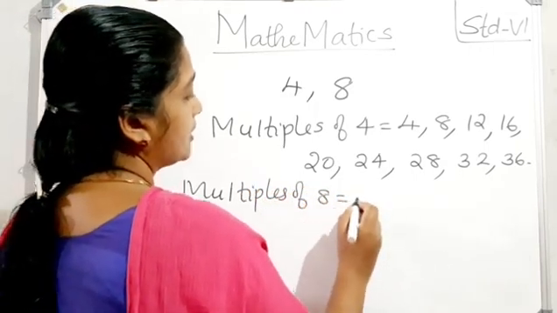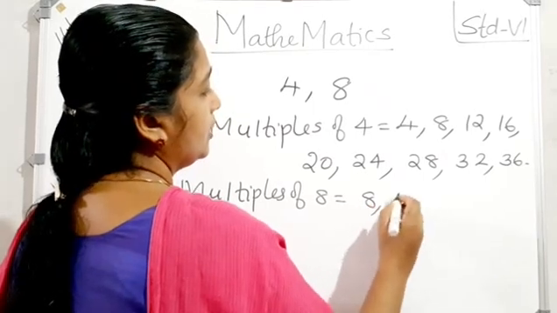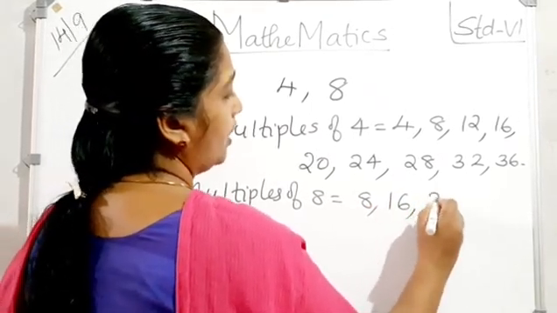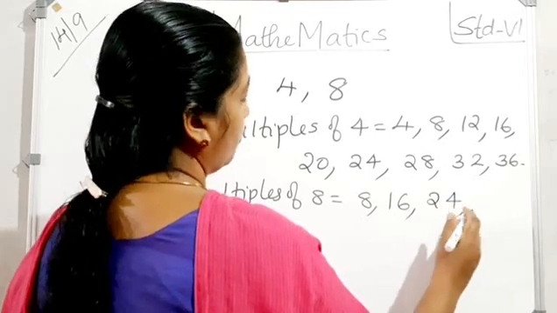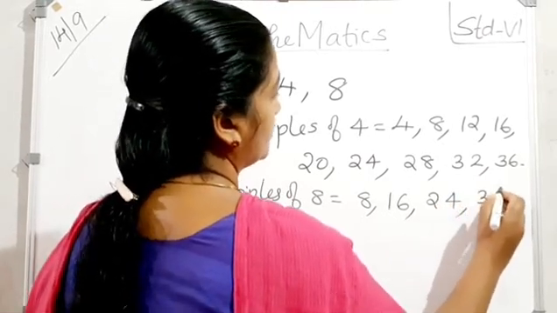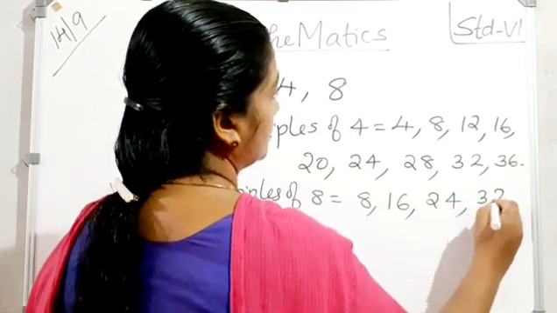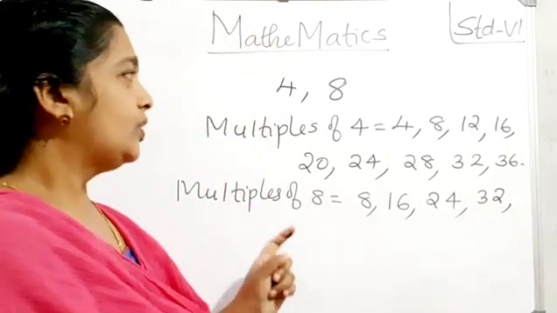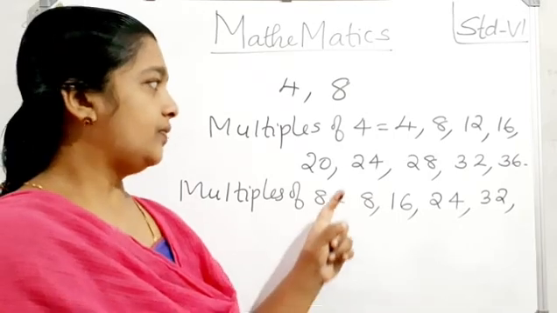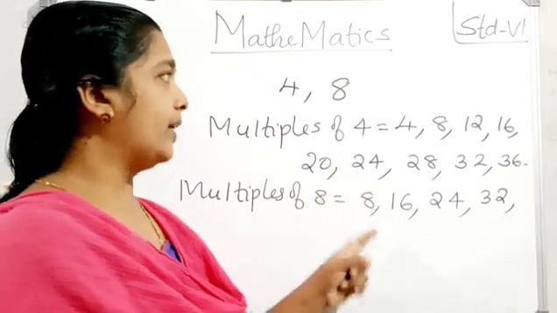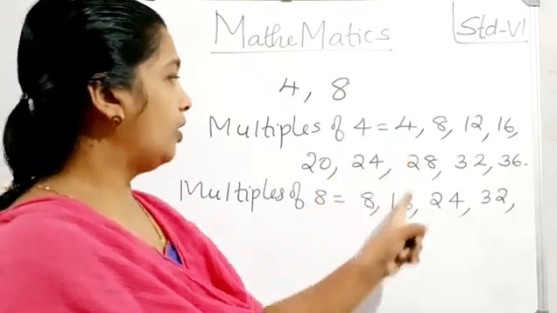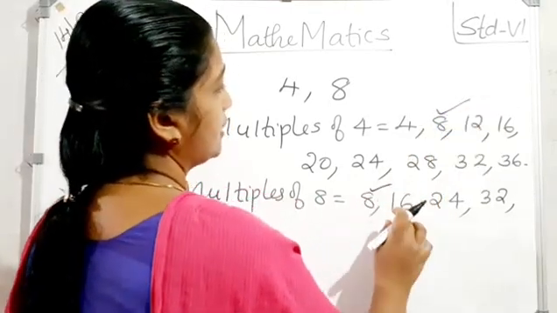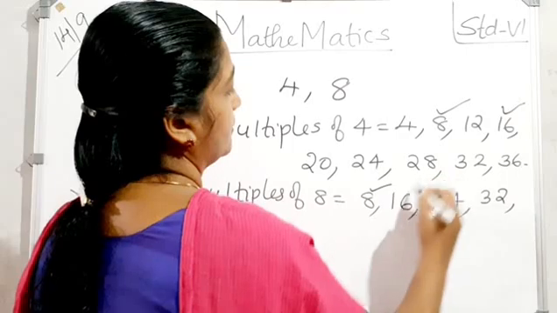Next, the multiples of 8. 1 into 8 equals 8. 2 into 8 equals 16. 3 into 8 equals 24. Then 4 into 8 equals 32, etc. Clear? Yes. So you want to select which numbers are common. Here 8, here also 8. Next 16, here also 16.